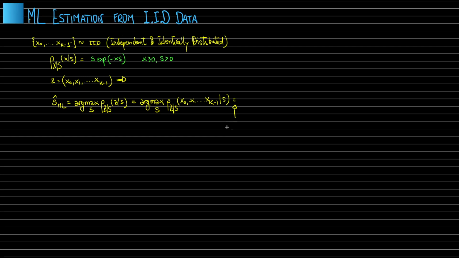And now we can apply the independence property. Because of the independence, we know that the joint density can be decomposed as the product from 0 to capital K minus 1 of the densities corresponding to each one of the observations.